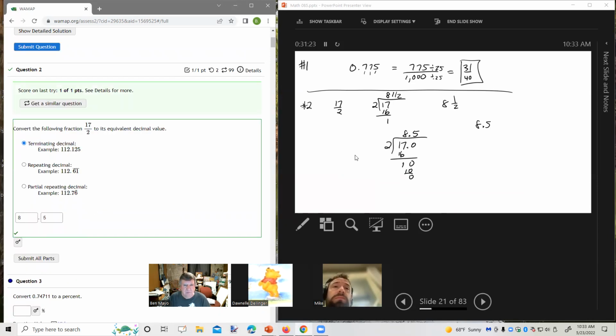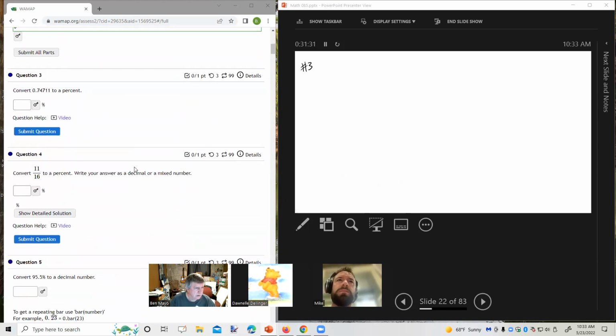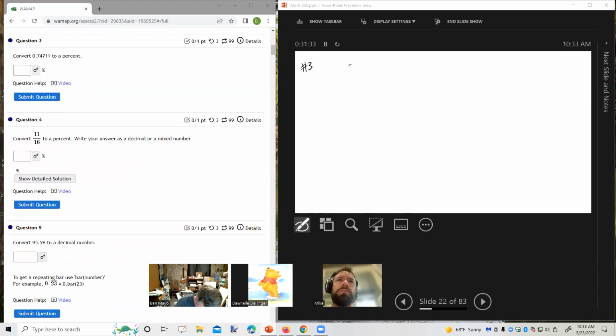All right. Number 3 coming up. Convert 0.74711 to a percent. So to convert it to a percent, we'll multiply it by 100% over 1. That is, use it as a unit conversion factor.